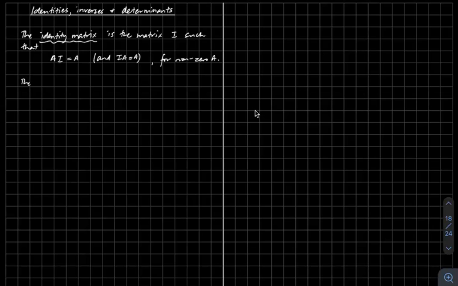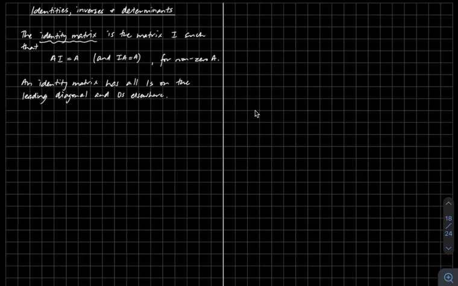Let's actually say an identity matrix, because obviously depending on the size of the matrix, it will be a different size. So an identity matrix has all ones on the leading diagonal and zeros everywhere else.